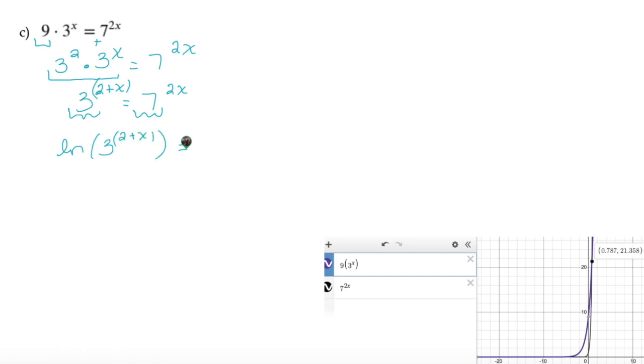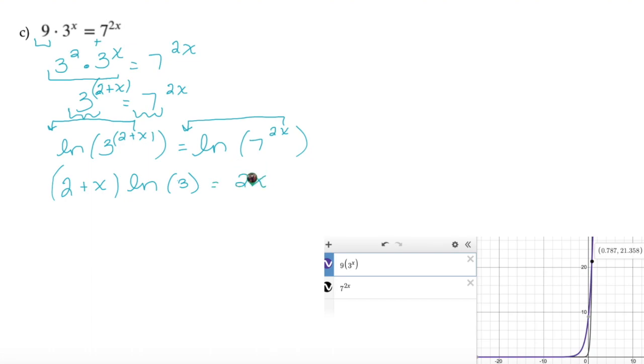So I'll have the natural log of 3 to the power of 2 plus x is equal to the natural log of 7 to the power of 2x. At this point, we can utilize our power rule to bring down the powers in front of the natural log so that we have 2 plus x times the natural log of 3 is equal to 2x times the natural log of 7.